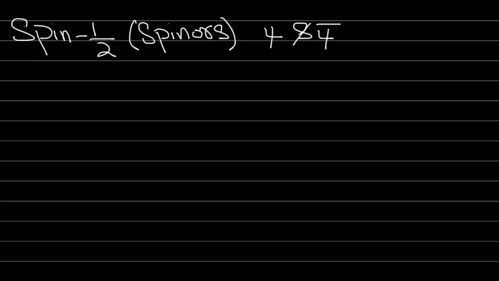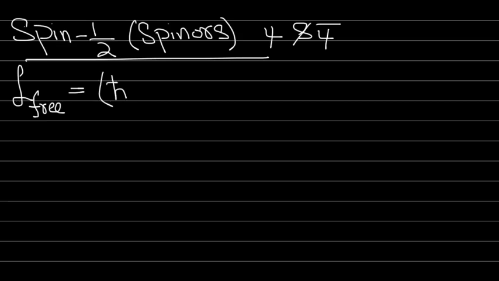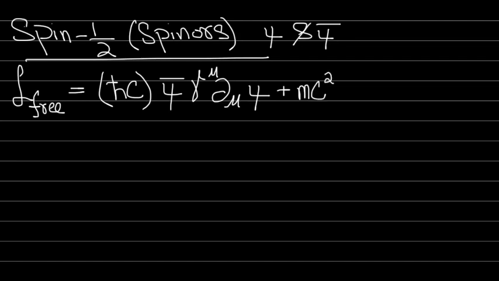And the free Lagrangian for these spin half fields is a bit different, and it's written as h bar times c times psi bar gamma mu partial mu psi plus m c squared psi bar psi, right?